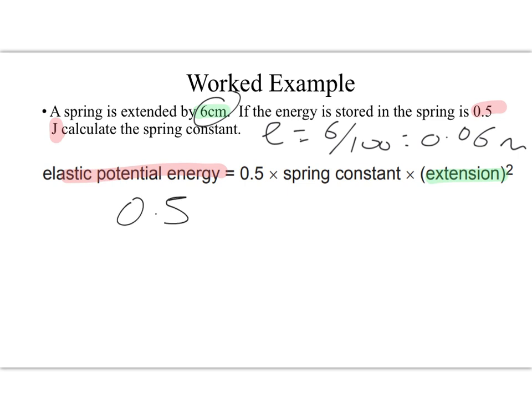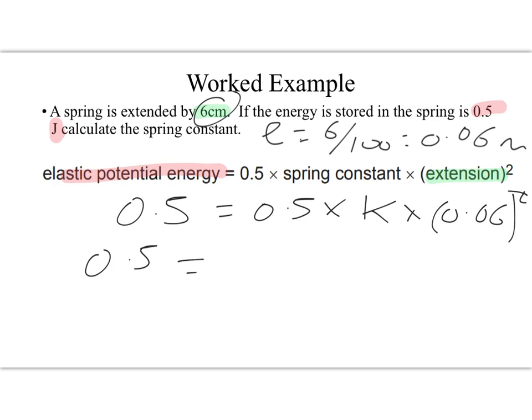And then I'm going to go through and put my numbers in here. So I get 0.5 is equal to 0.5 times, I'm going to use a symbol for spring constant, which is k, multiplied by my extension, which we've got is 0.06 squared. So now what I need to do is I need to rearrange this. So to do that, I'm just going to put it into a slightly nicer form. 0.5 is equal to 0.5 times 0.06 squared times k.